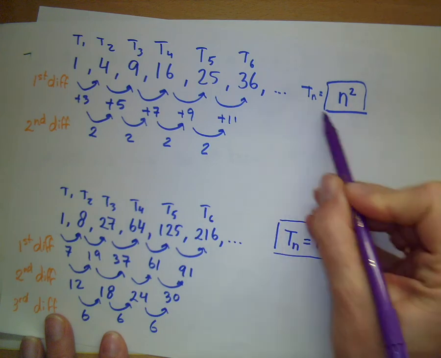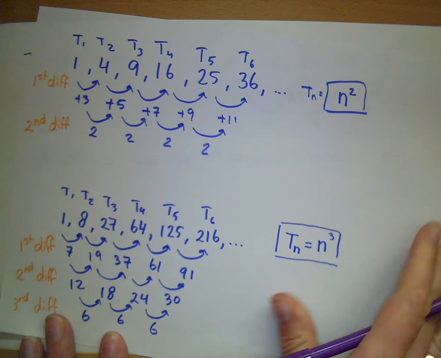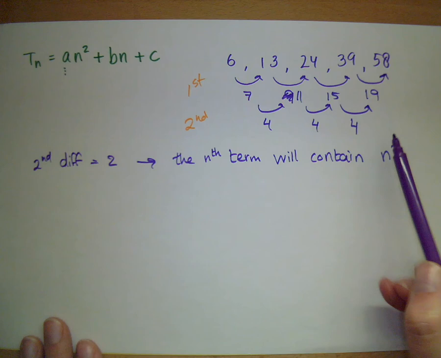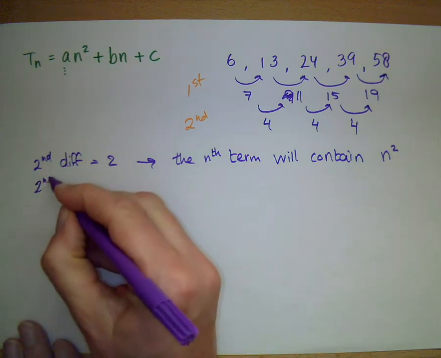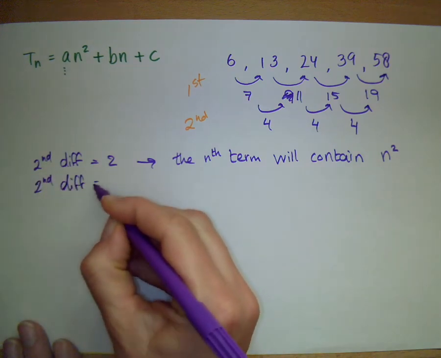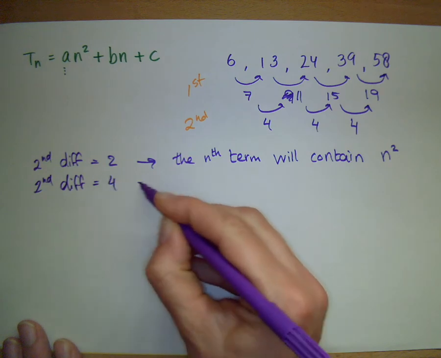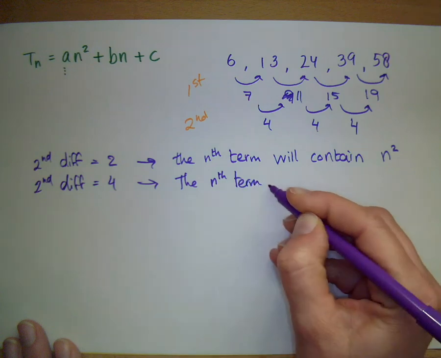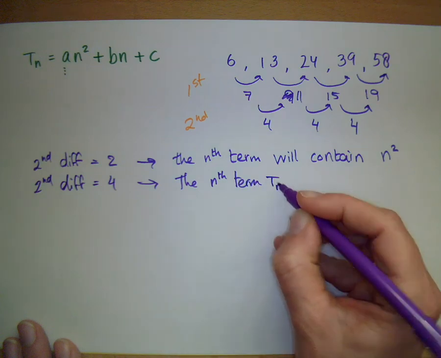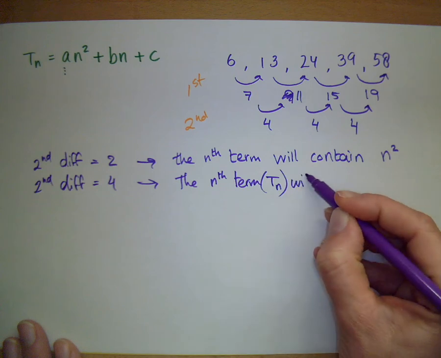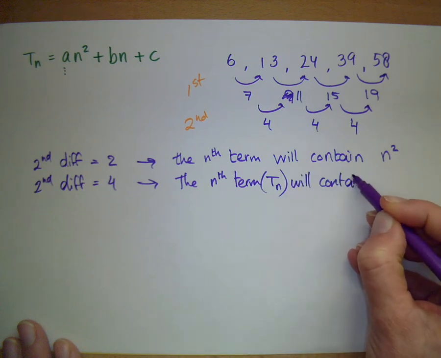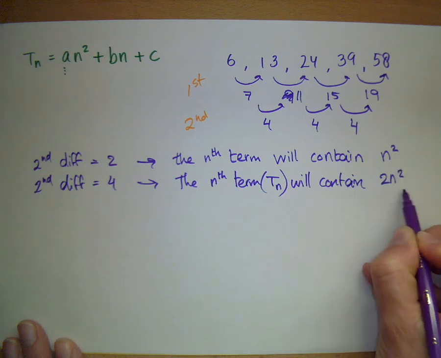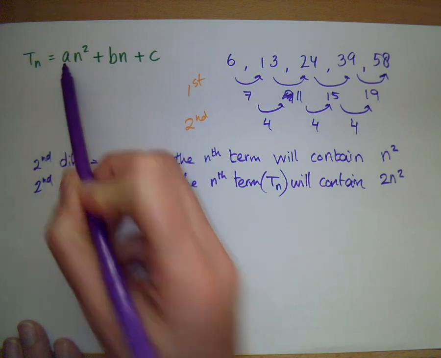The equation for this was tn equals n squared. So n squared. When the second difference isn't 2, but it's 4, that means the nth term, tn, will contain 2n squared. So in this case, our a up here would be 2.